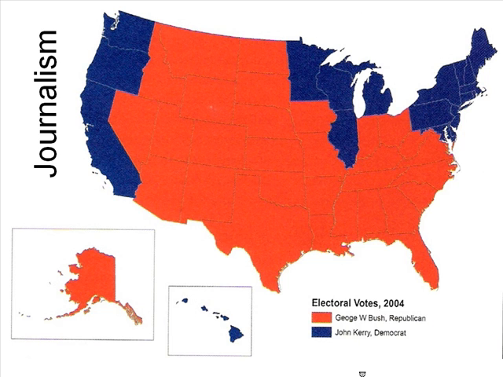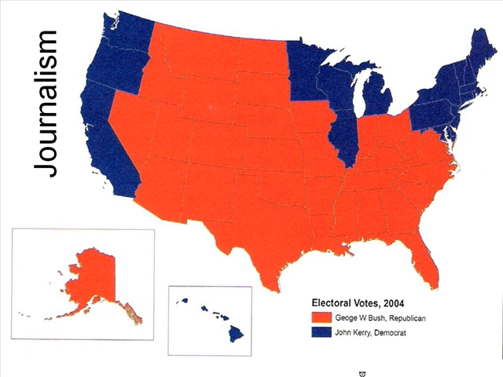Journalism is a common use for mapping in GIS, and here's a map of electoral votes in the 2004 election. A couple of interesting things about this map. First off is that this map basically sort of implies the idea that there was a landslide in the election, and I think George Bush only got 51 or 52% of the popular vote.